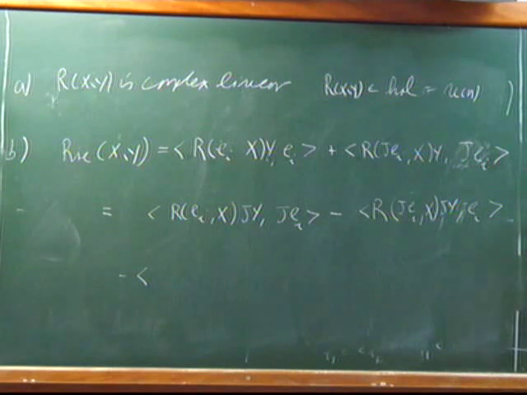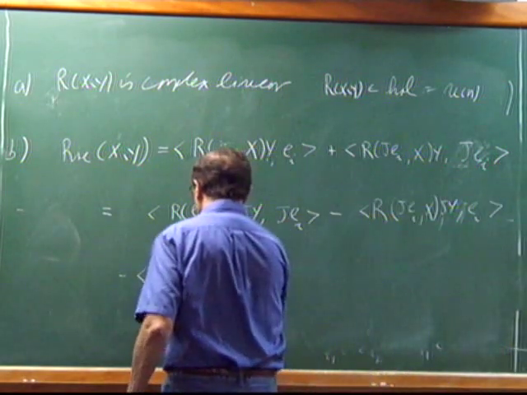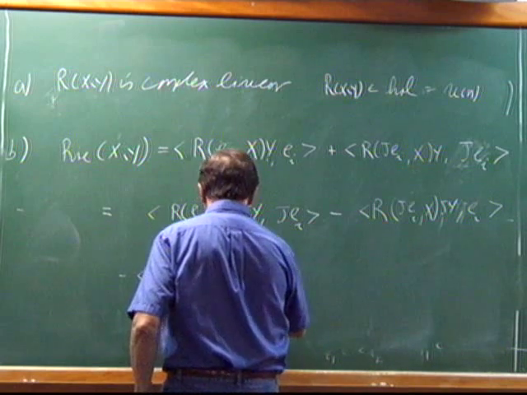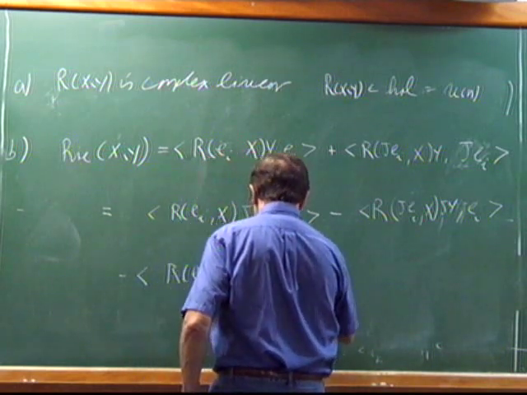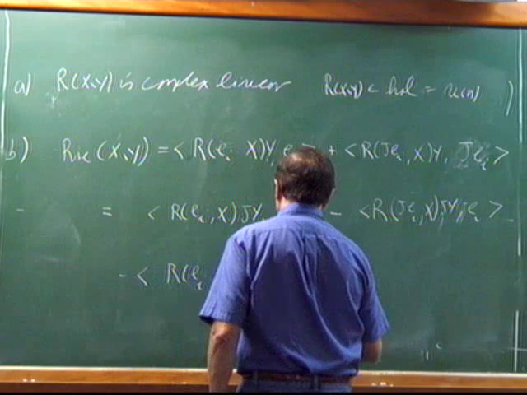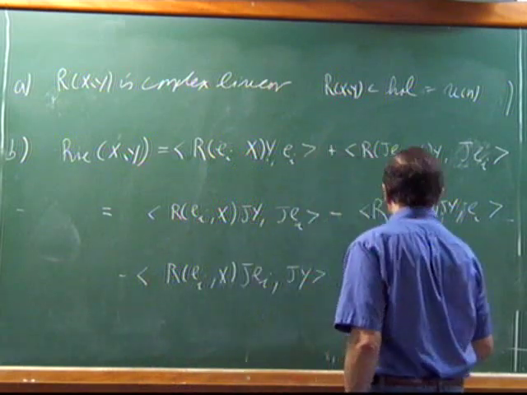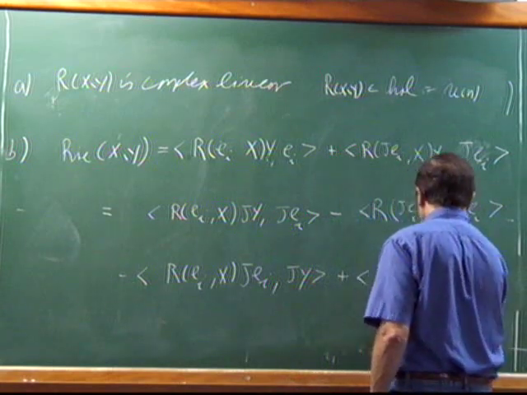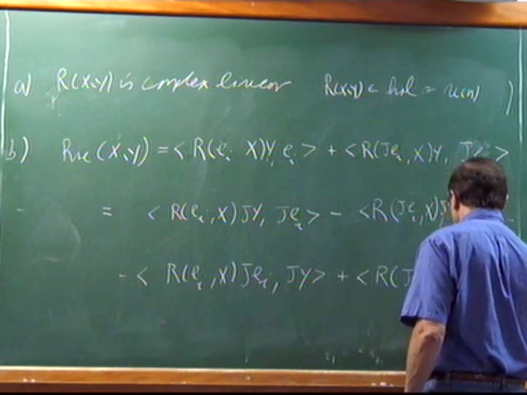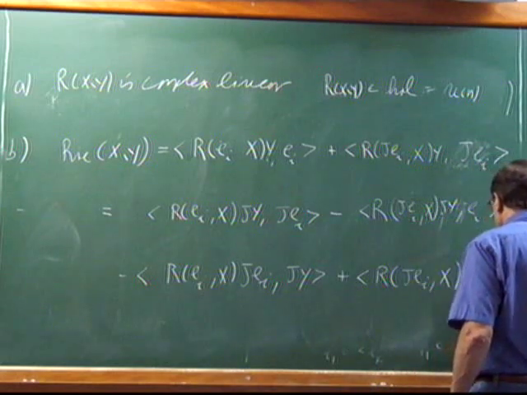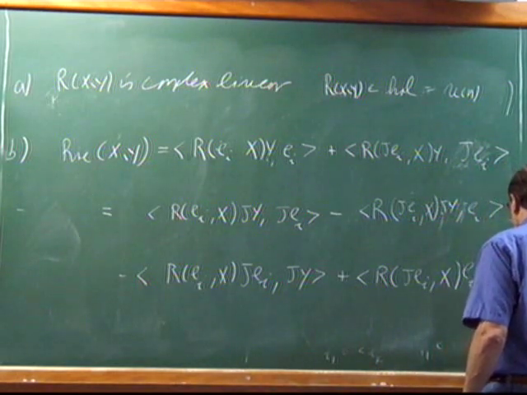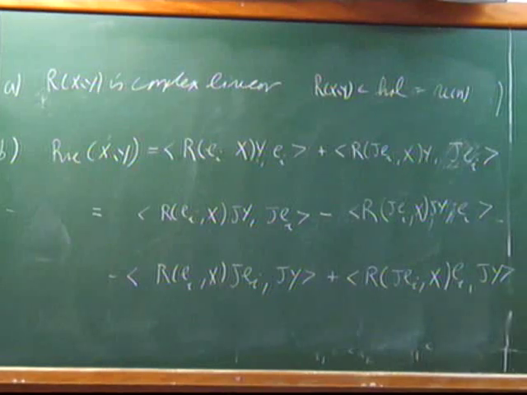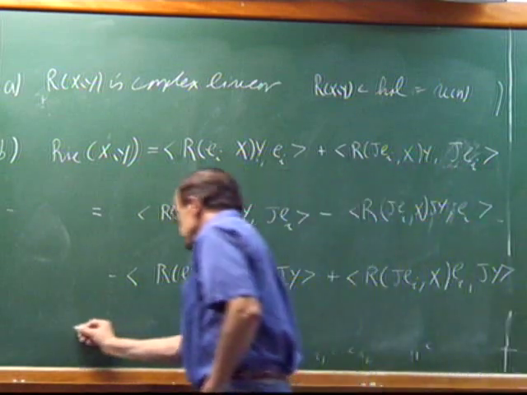Now let's switch these two, and the same thing here. And now I want to use the Jacobi identity. For this, it would be best to reverse this order right here.